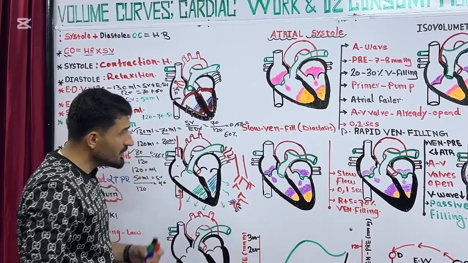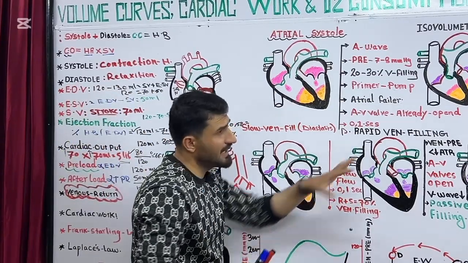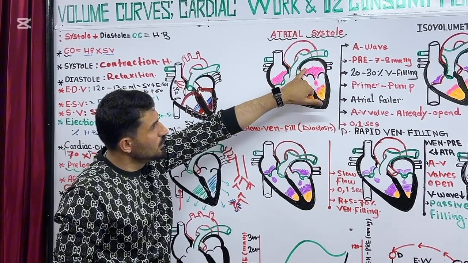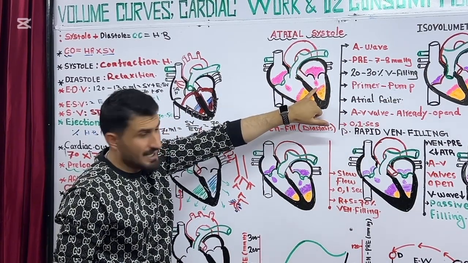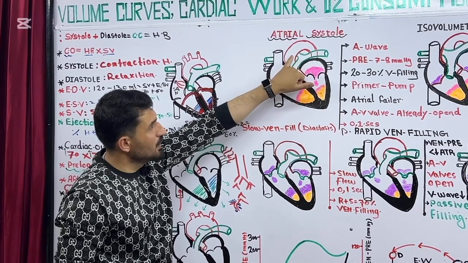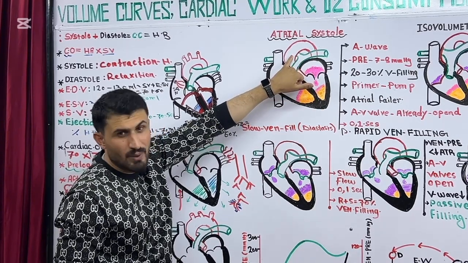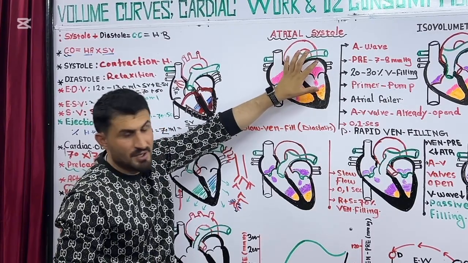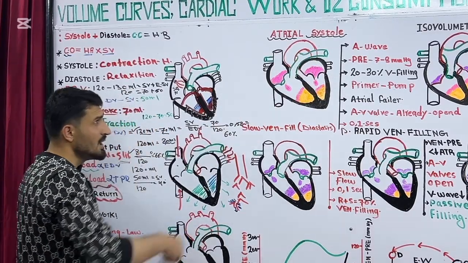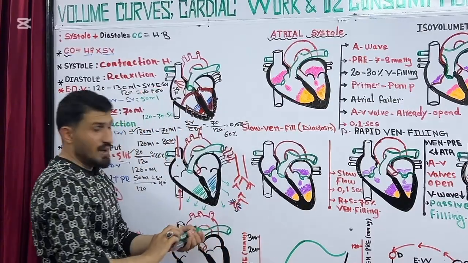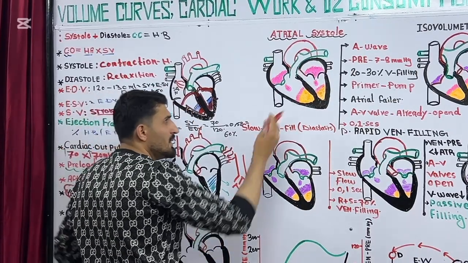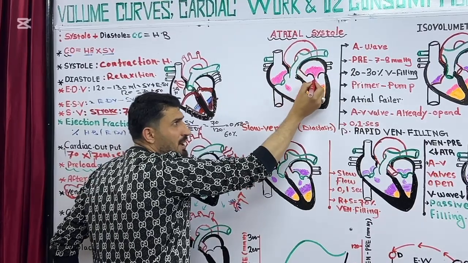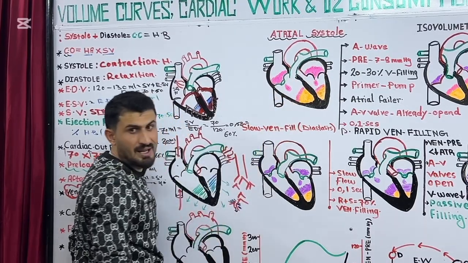So during each phase, we look at the atria, we look at the two ventricles, and we look at the great vessels or aorta. Okay, the changes in these parts. Now, in the atrial contraction phase, listen to me carefully. When these two atria contract, they pump blood to the ventricles.